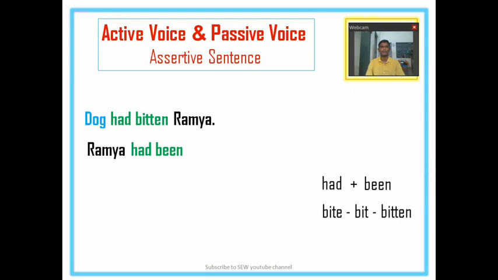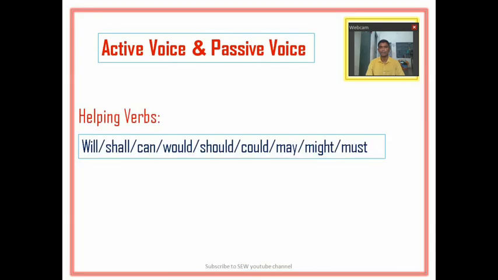The verb forms of bitten are bite, bit, bitten, and the V3 form is bitten. Preposition by should be used after that, and the subject is dog. A noun is used here, so we should use dog only. The noun should be used as a noun only. So the passive form of dog had bitten Ramya is Ramya had been bitten by dog.